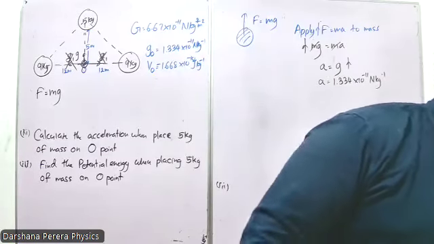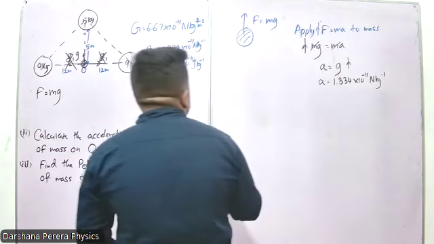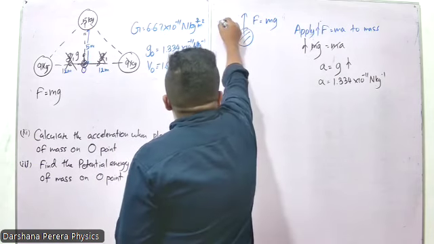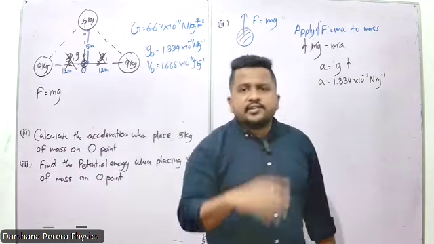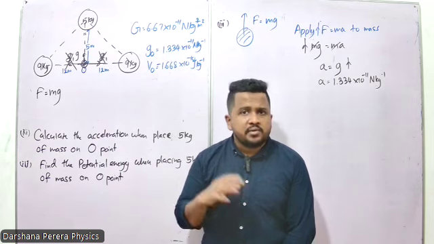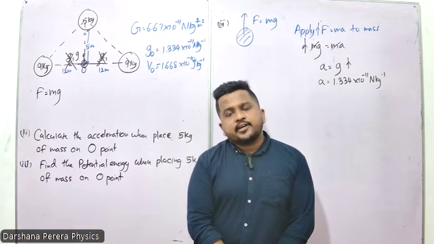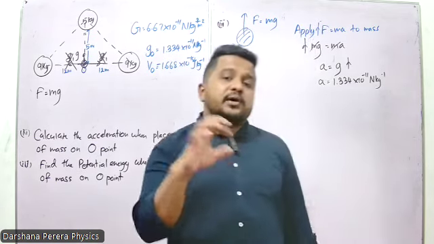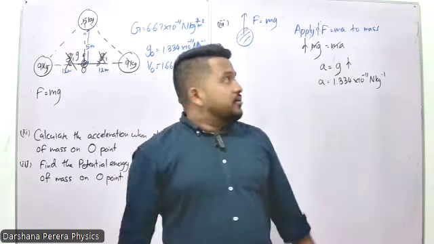Okay, so these are the previous ones. You need to practice very well. So number 4, this is the third. Gravitational acceleration and gravitational field intensity are the same because we take the gravitational acceleration as 10 m s^-2 and the gravitational intensity as 10 N kg^-1. Both are the same. Why?